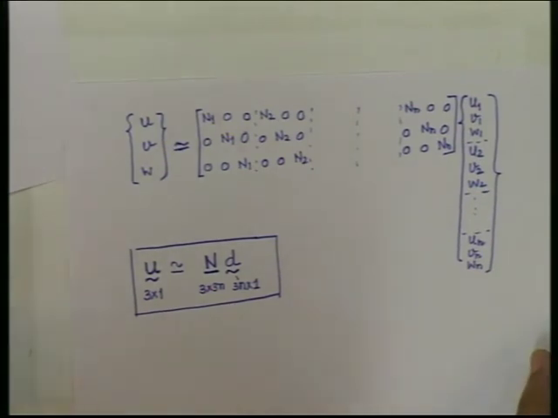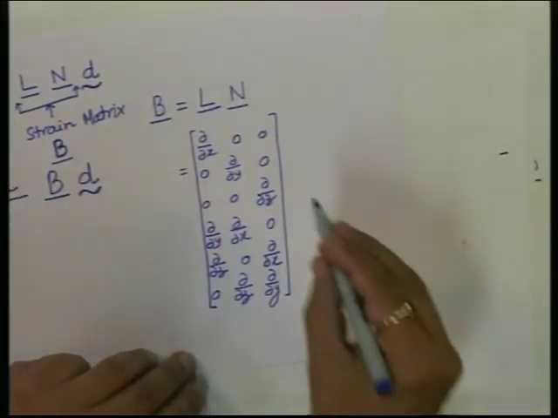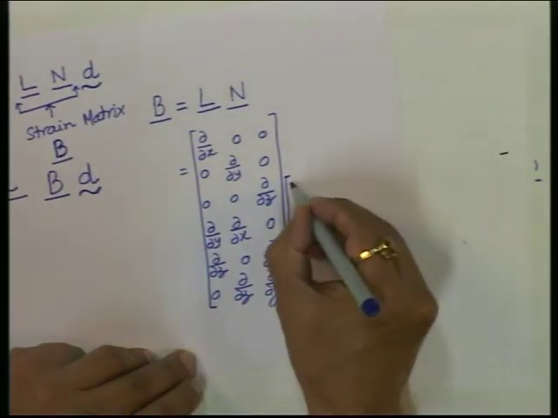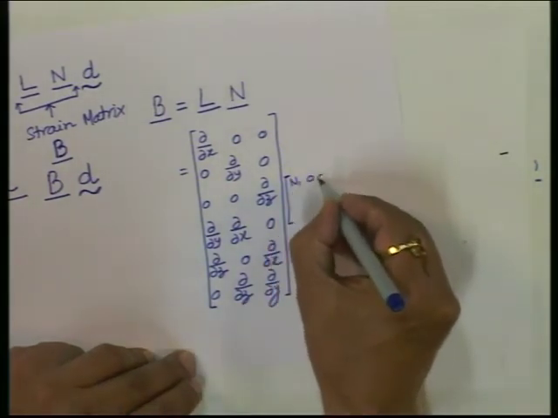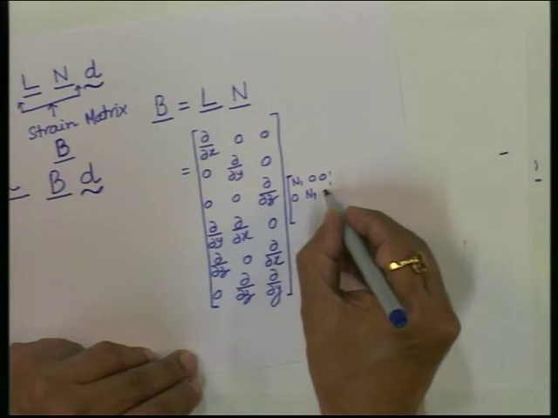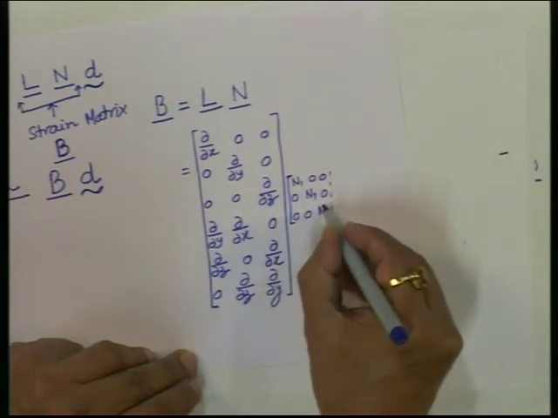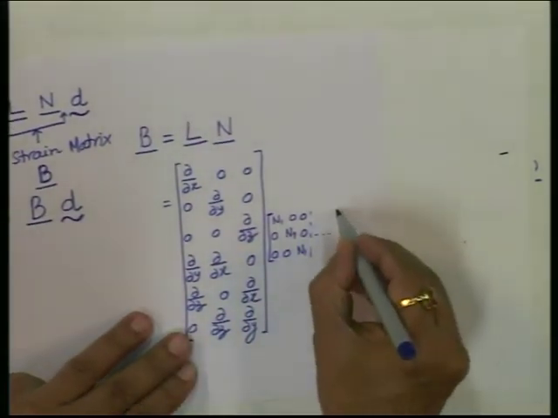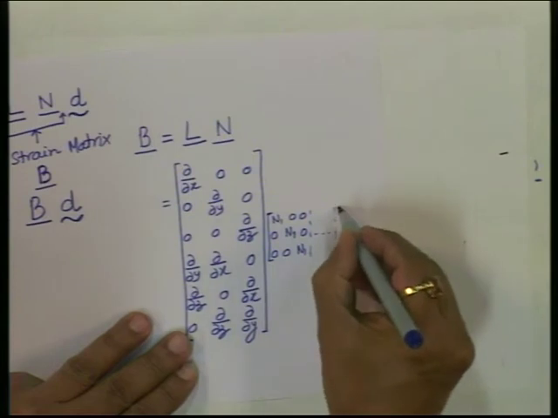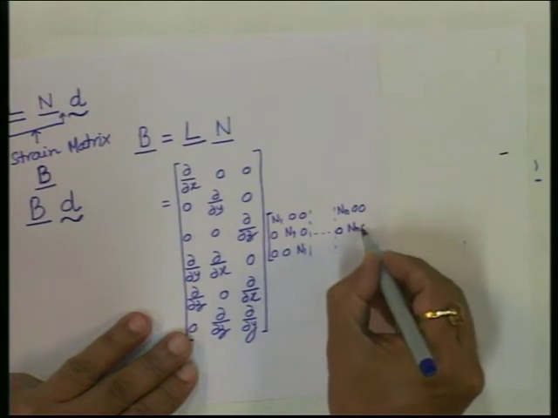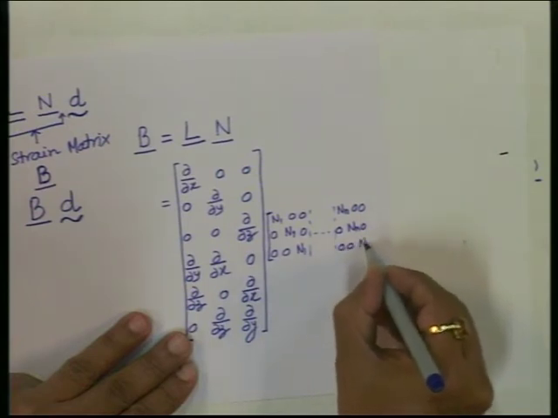So, what will be the multiply? You have to multiply this, multiplied by 3 by 3, N1 0 0, 0 N1 0, 0 0 N1, and so on, going like this to Nn 0 0, 0 Nn 0, 0 0 Nn.